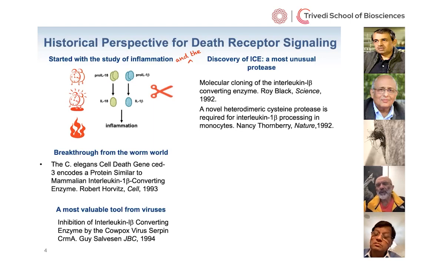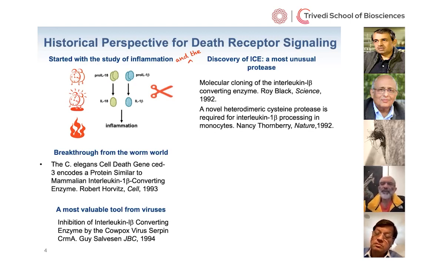Now we started wondering whether in our system of death receptor engaged apoptosis, similar proteases, similar molecular scissors, which may be related to interleukin-1 converting enzyme or ICE, played a role.